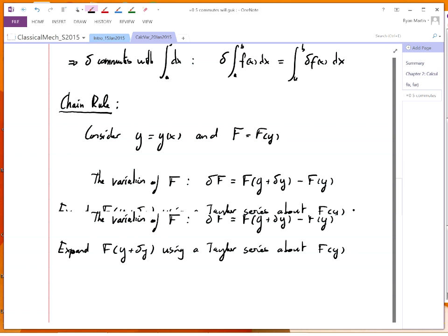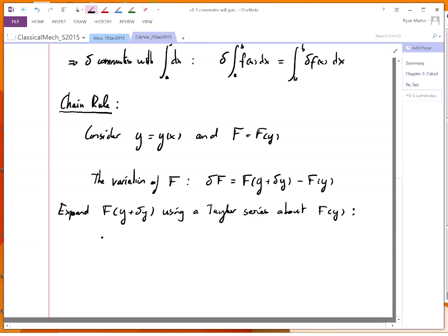So if I use a Taylor series, I have capital F of y plus delta y roughly equal to capital F evaluated at y plus dF by dy delta y.